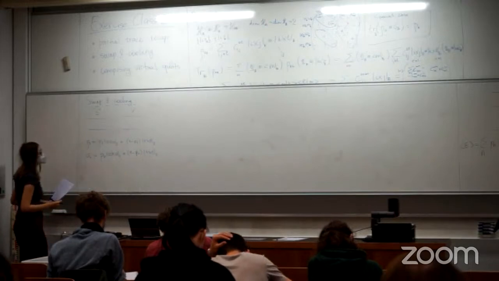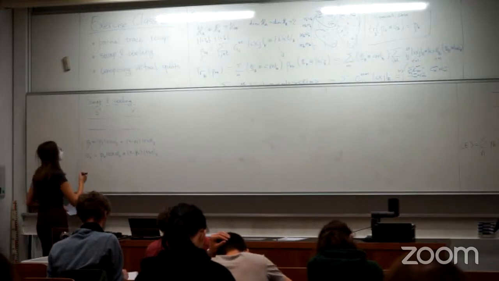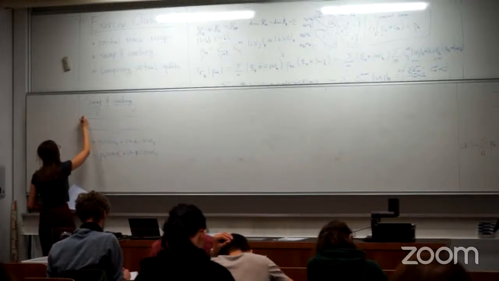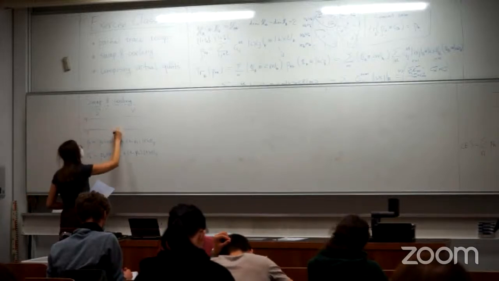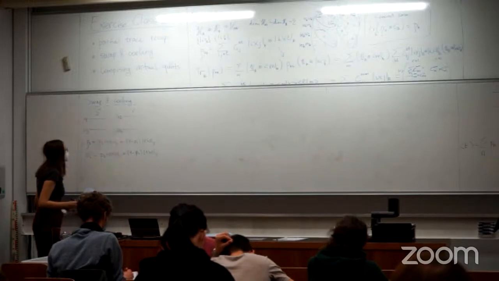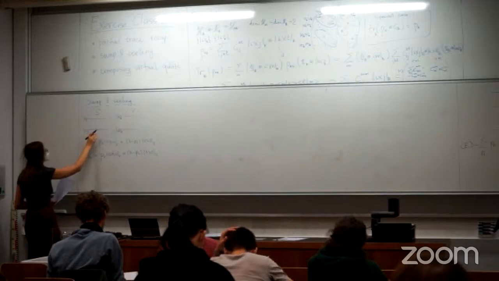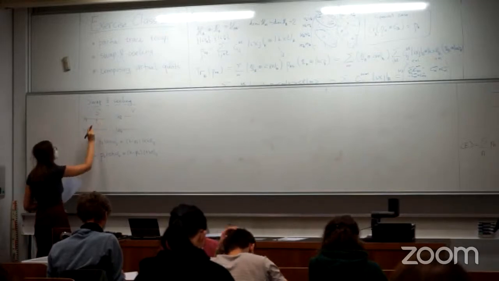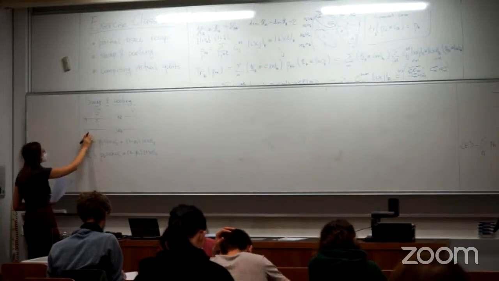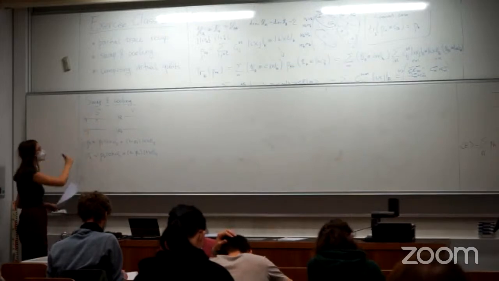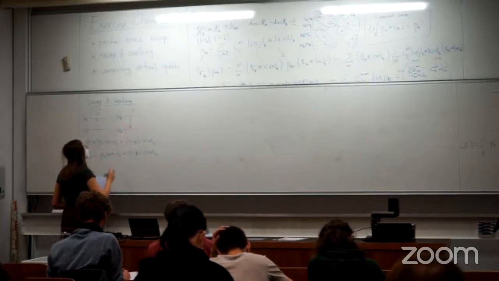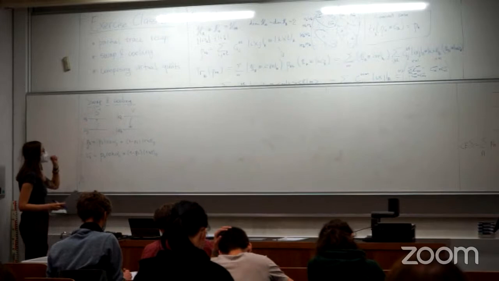Then what is the swap operation? This is 0_S, 1_S, 0_V, 1_V. The swap operation is the following: if in system S, I go from ground state to the excited state, in system V, I go from excited to ground.